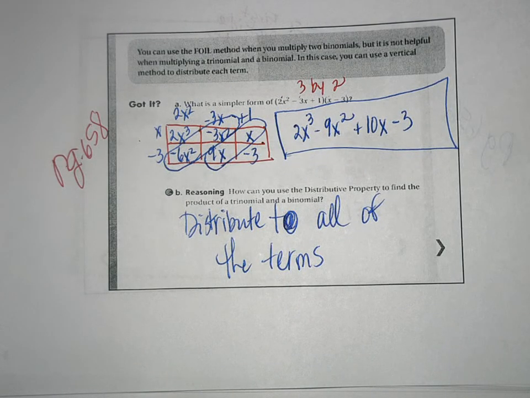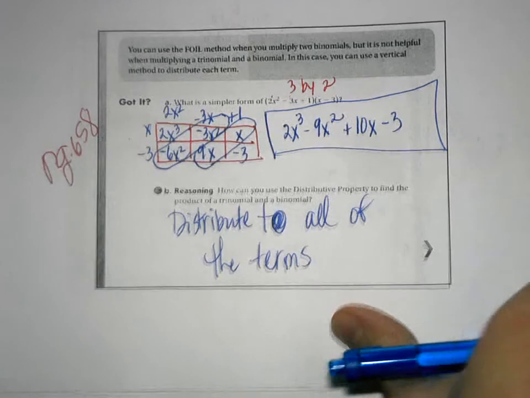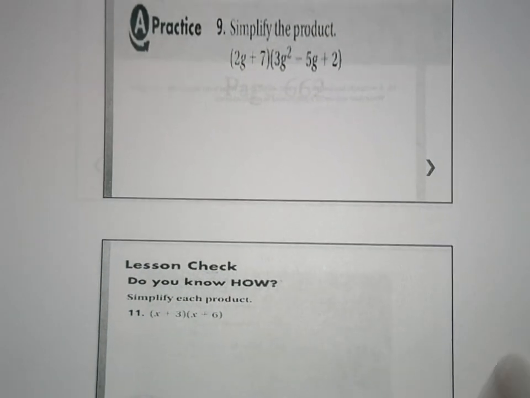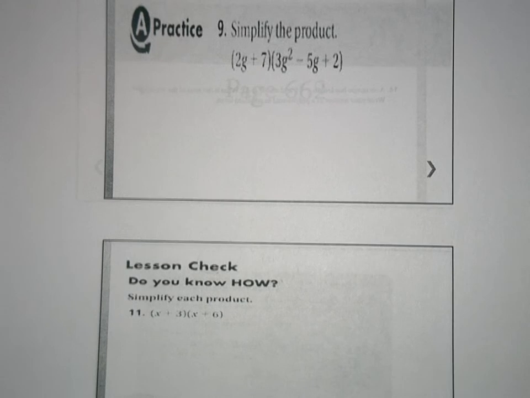All right, so I'd like you on page 658, let's go ahead and do one more like that. Let's do number 9. Again, use either method that you want. And I'll check answers, and I'd like to take a volunteer to do this problem.